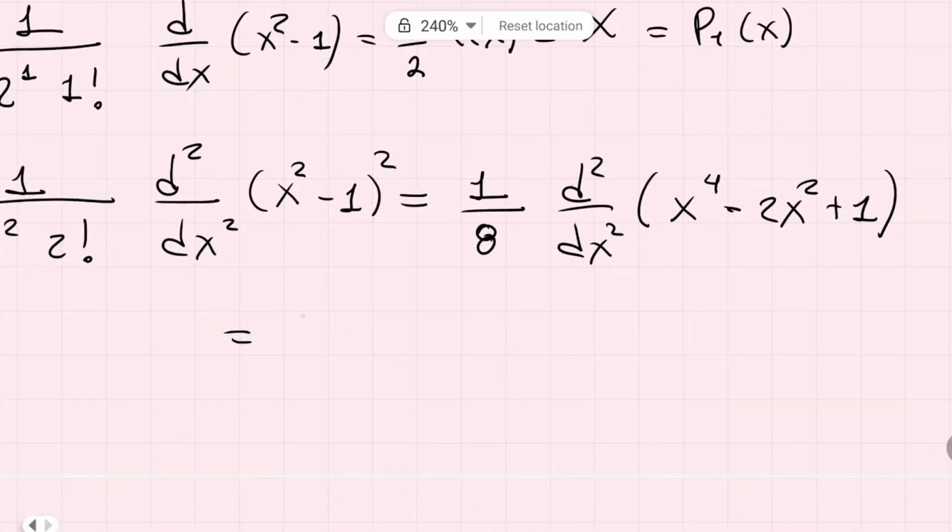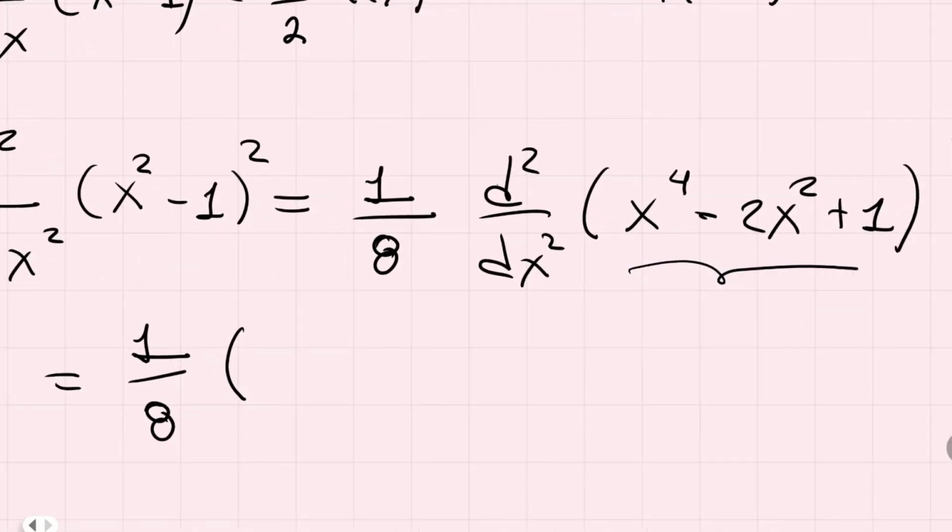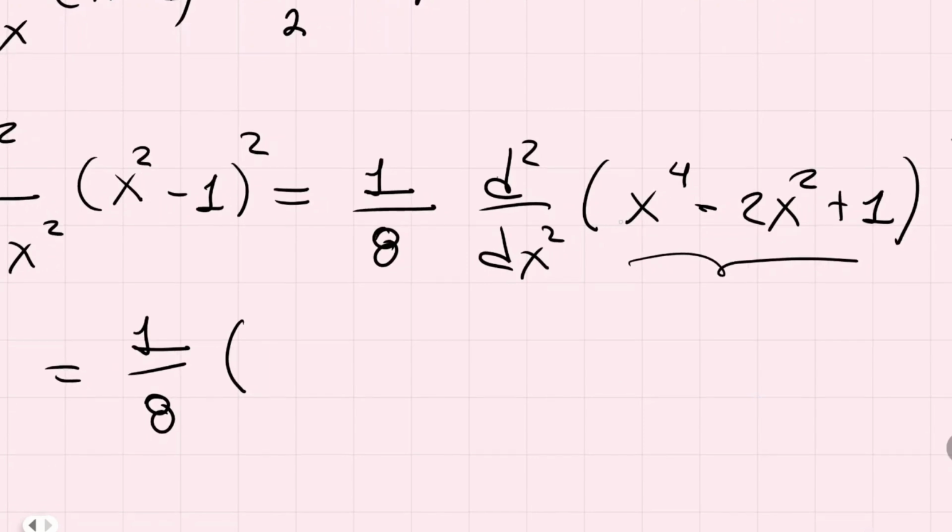This is 1 over 8 times, what happens if we take two derivatives in this expression? We are going to get 4x cubed, then 12x to the second power, and then minus 4.